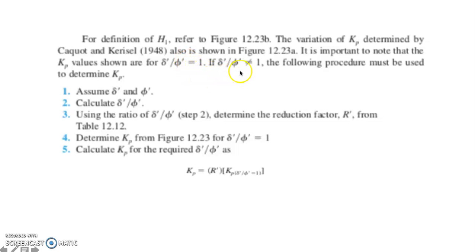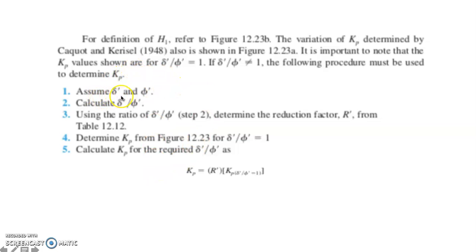If this ratio is not equal to 1, we have to determine the value for K sub P using this procedure. So you have to take note that the values shown are for the ratio delta over phi prime equal to 1. However, if it is not equal to 1, you're going to make use of this procedure so that you can solve for K sub P.